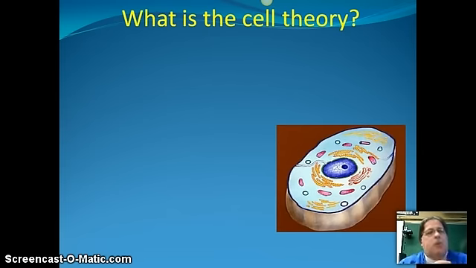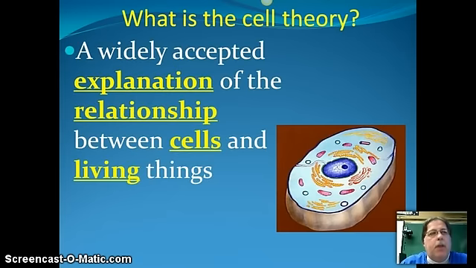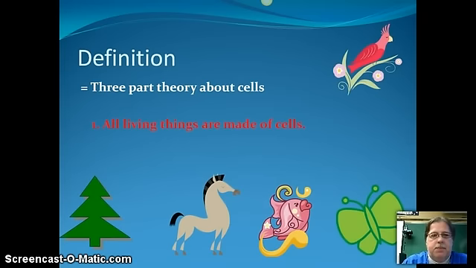All this brings us to when we start looking at the microscope and how it helped us look at cells. We had to come up with a theory on what cells are. And there was a bunch of different scientists collaborating with each other. Okay, they came up with an explanation of the relationship between cells and living things.